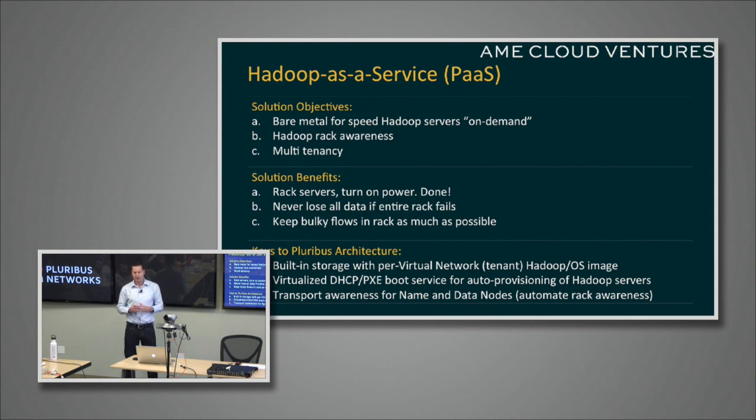The interesting piece with this is, if you have 50 servers in a rack and one tenant needs additional capacity, traditionally you would have to go to storage to install the image on one of the servers at a time.